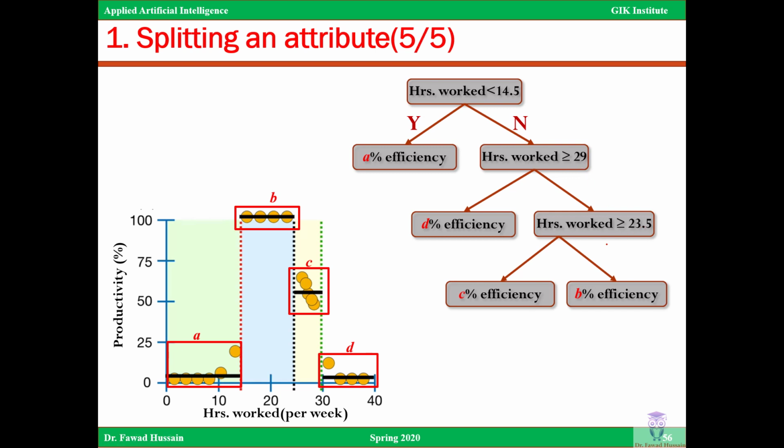And a very good question is, why did I stop with this node as a leaf node, and this continued as a branching node? So we're going to come back to this and answer this question: when to stop splitting.